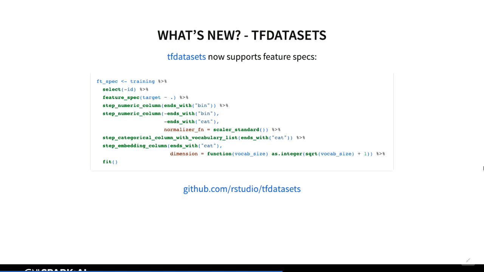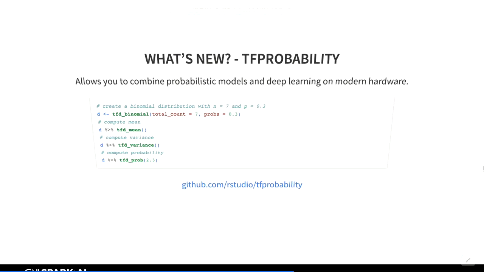And we have a bunch of different helper functions to easily help you convert those columns to something that is a tensor that TensorFlow can understand. And again, this is probably a lot for a single talk, but if you're thinking of loading data, just think of TFDATASETS when using TensorFlow in R.